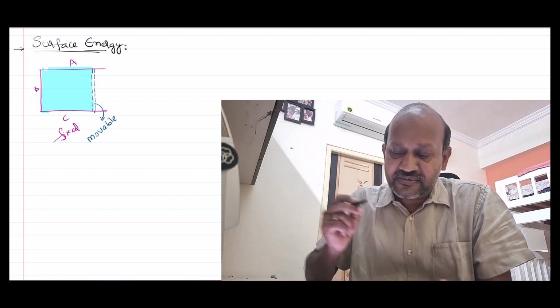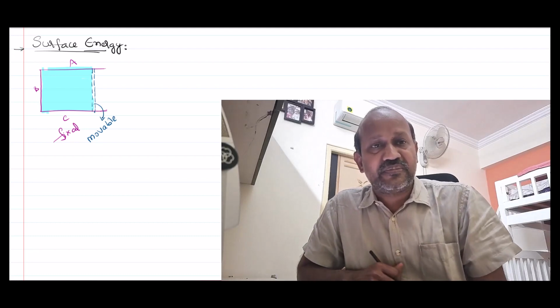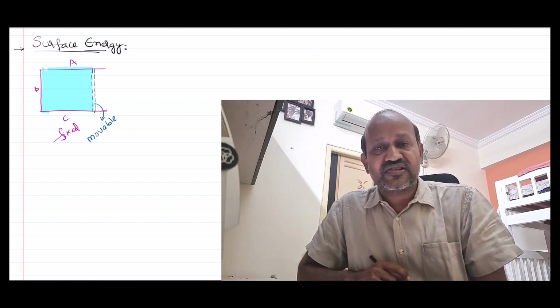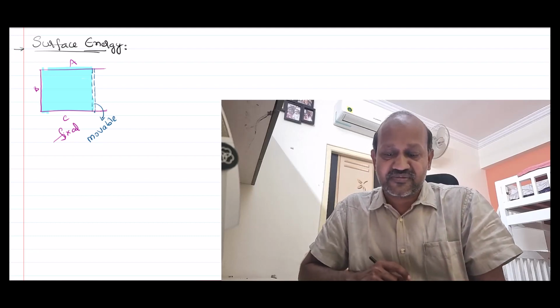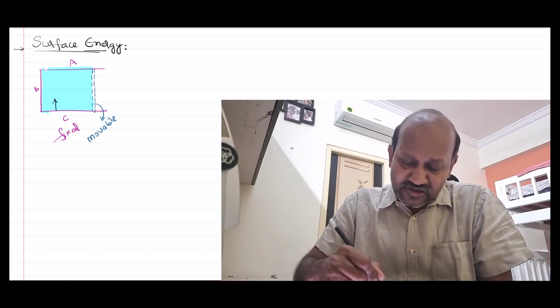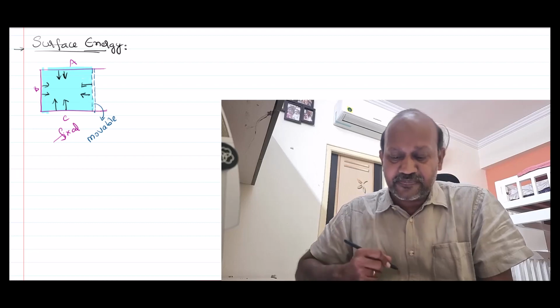This liquid has a property called surface tension, as we have already explained many times. Because of this surface tension property, this liquid always tries to acquire minimum surface area. So this liquid tries to pull the frame from all sides to shrink itself so that it can acquire minimum surface area.